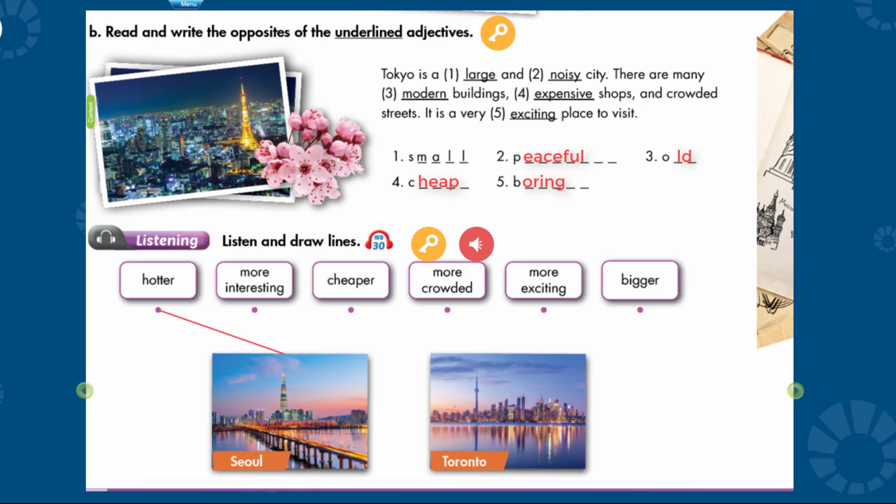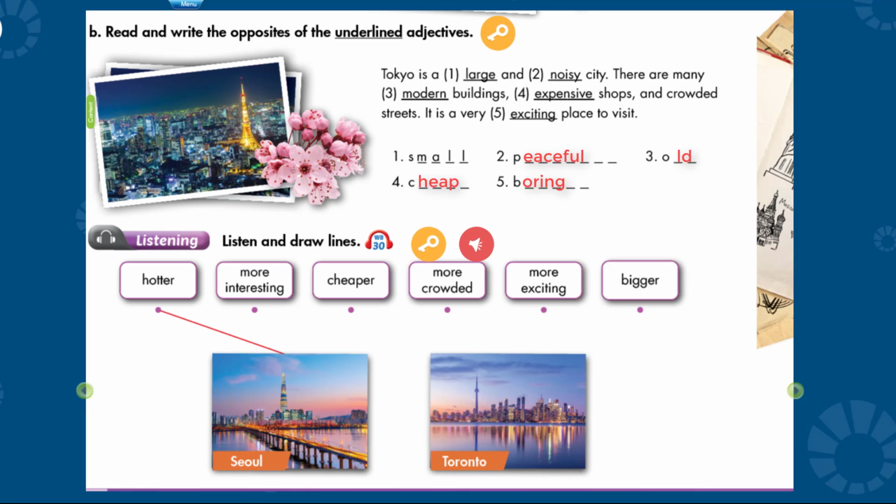Right. And which is more crowded? Seoul is more crowded. So is Toronto bigger? Yes, it is. Which place is more interesting? I think Toronto is more interesting. It has some amazing museums. Okay. And which place is more exciting? I think Seoul is more exciting. There are some amazing festivals and amusement parks. Okay. I think we should go to Seoul. Yay, me too.